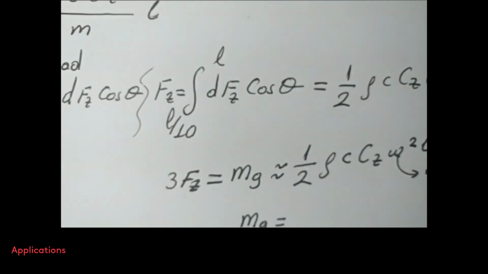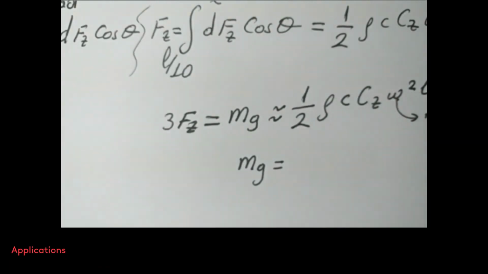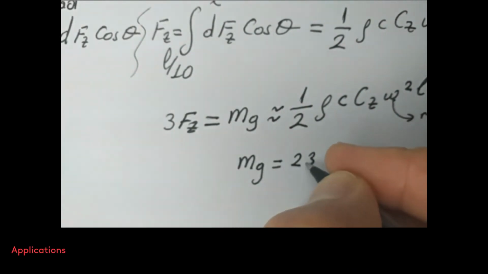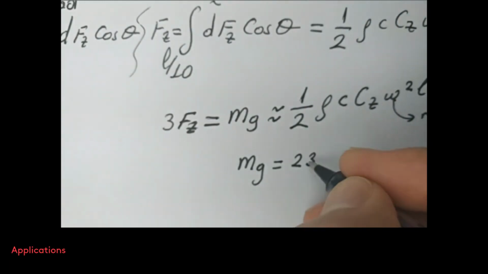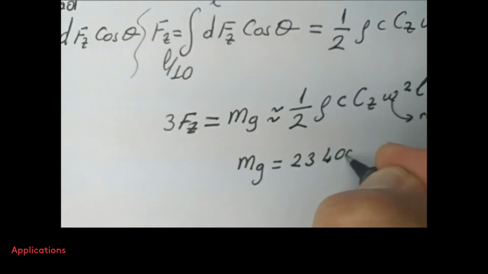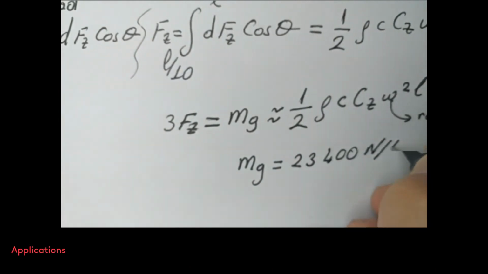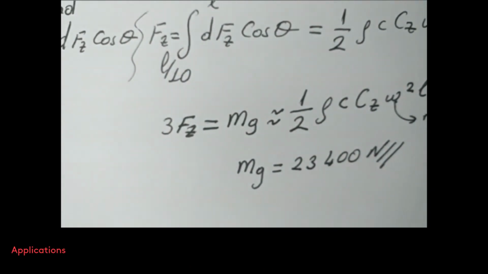So mg is equal to 23,400 newtons. So this is the mass that can be carried by the blades.